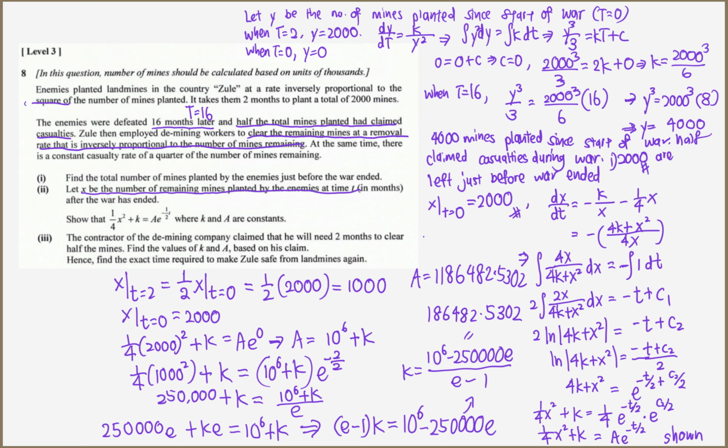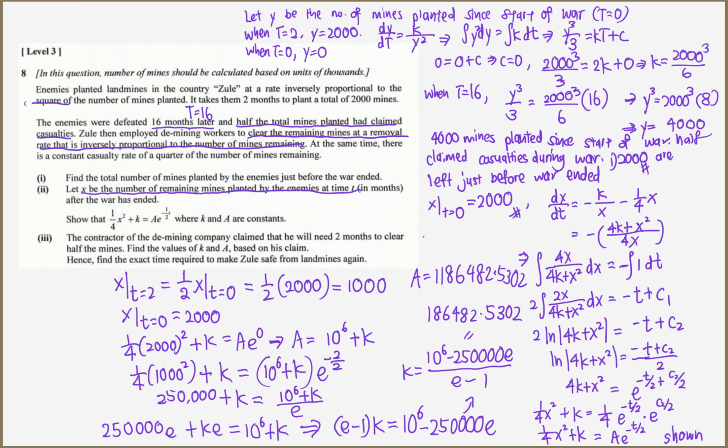Now when we look at the equation that we have here, we substitute the information we have to find the constants k and a. Firstly, I substitute t equals 0 and x equals 2000 into this equation.